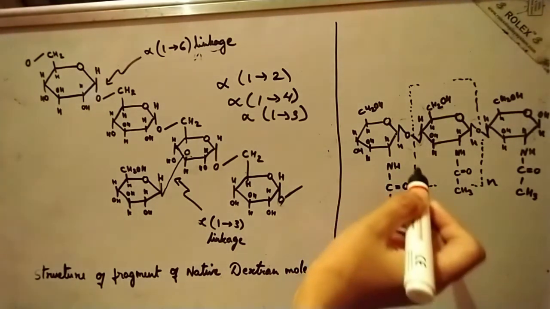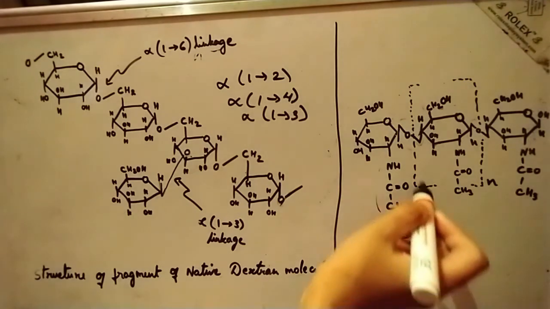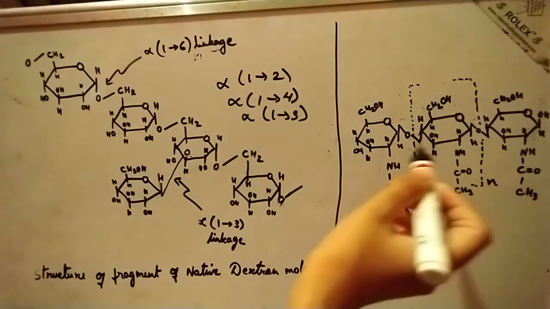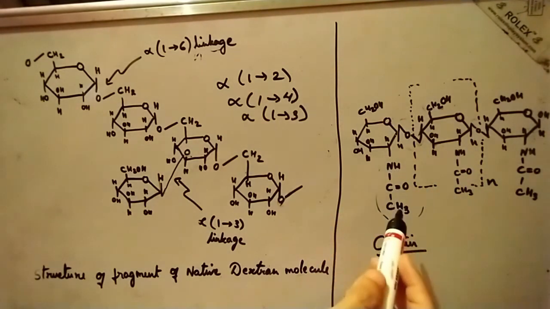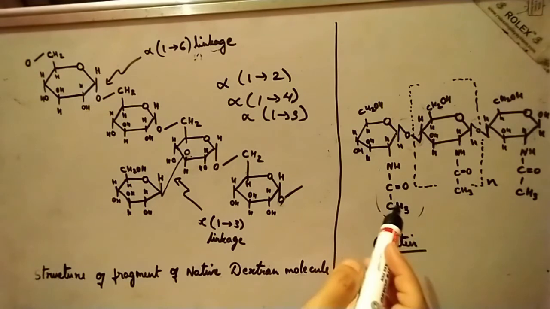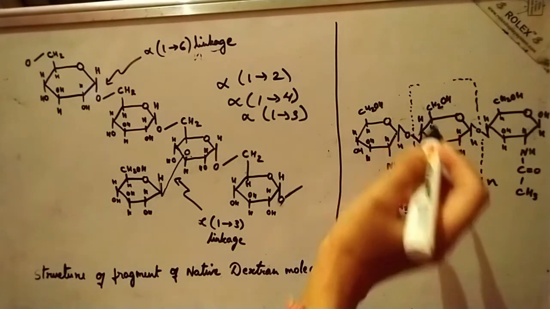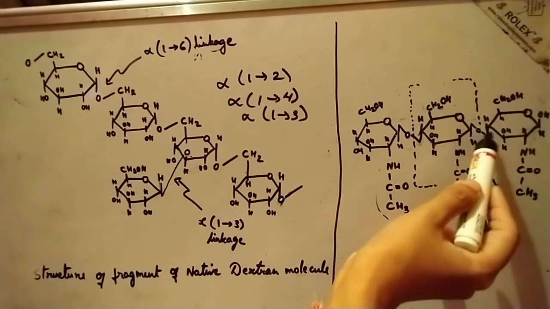N-acetyl amino group. It is thus a linear polymer of N-acetyl D-glucosamine units joined together by beta 1,4 linkages.